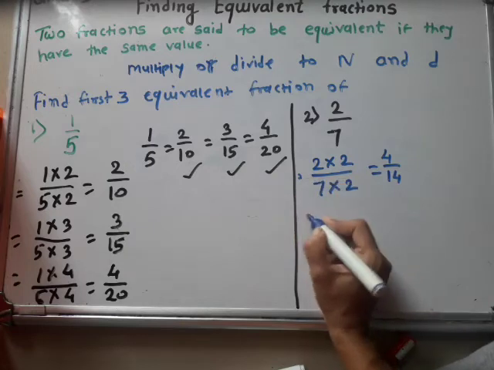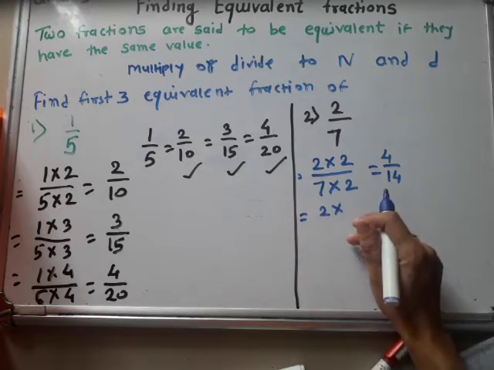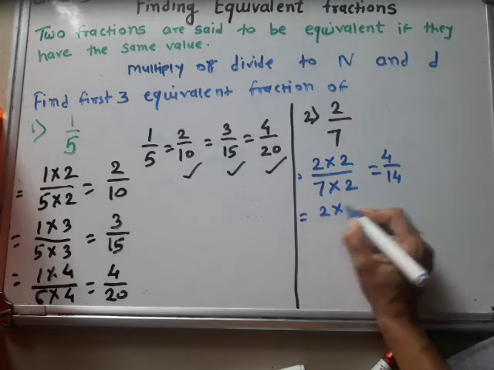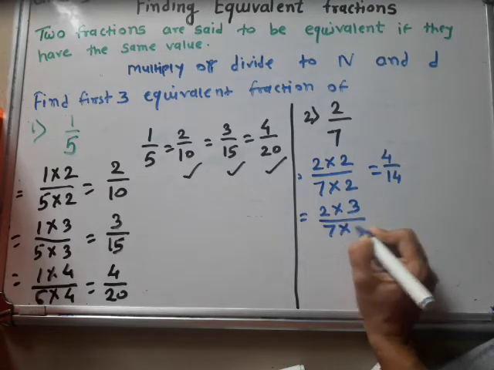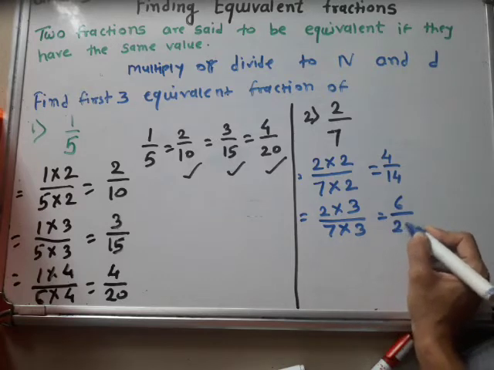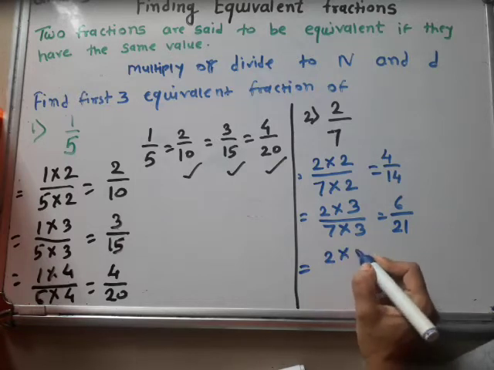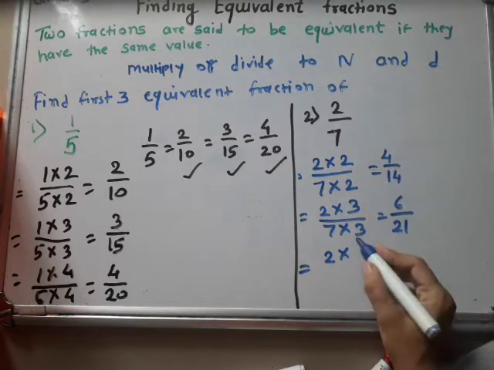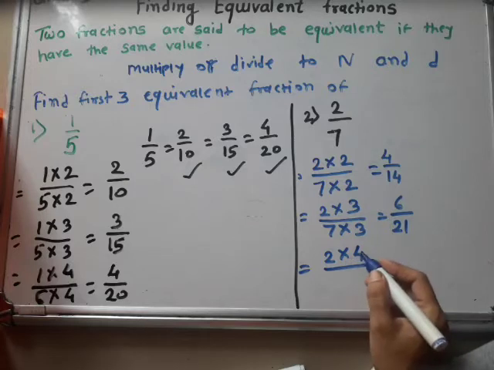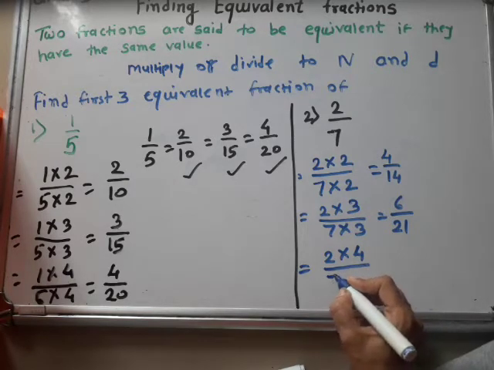Then next, we multiply by 3, both numerator and denominator. 3 2s are 6 and 7 3s are 21. Then next, now 4. We multiply by 4 both numerator and denominator.